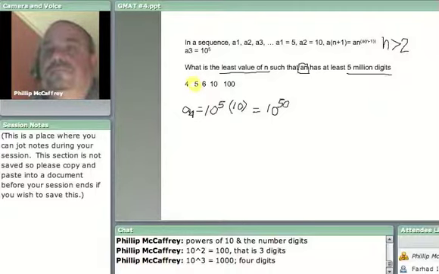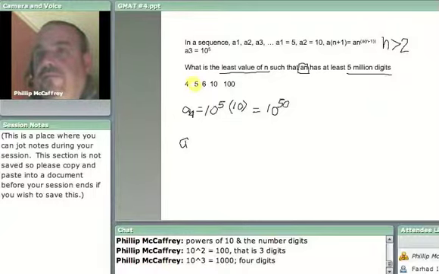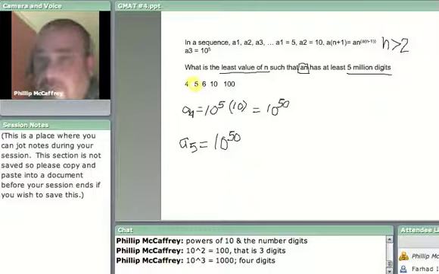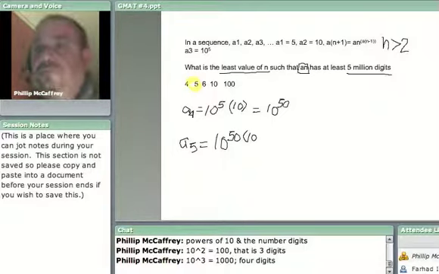And it goes on and on, such that what we're looking for is 5 million digits. It's really, we're looking for 10 to the 5 million. So if I just go one more, a sub 5 is going to equal 10 to the 50 multiplied by, or the exponent, raised to 10 to the 5th power.